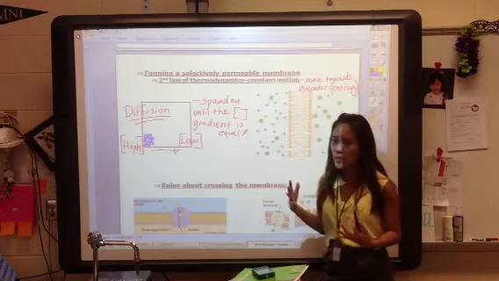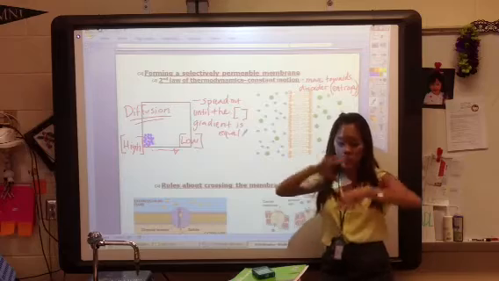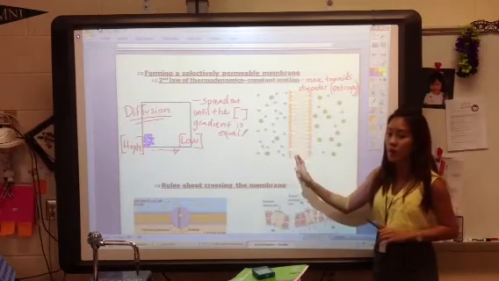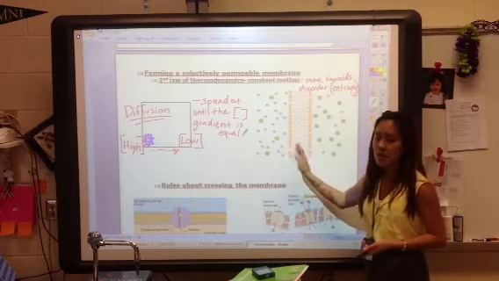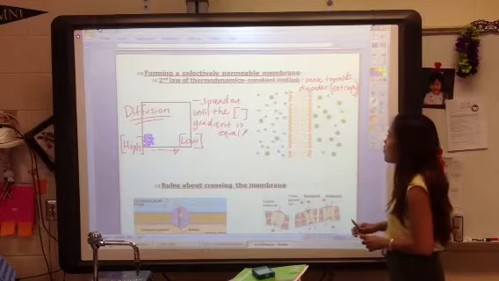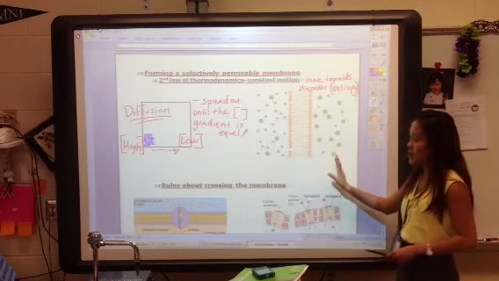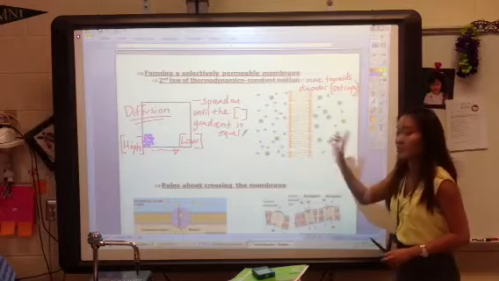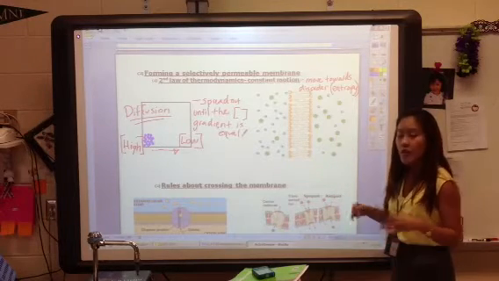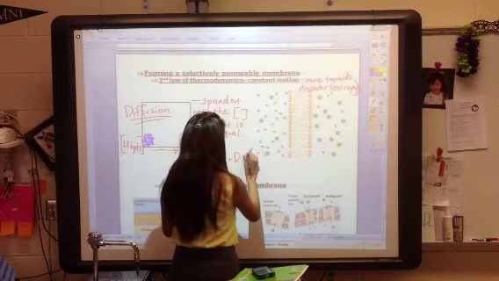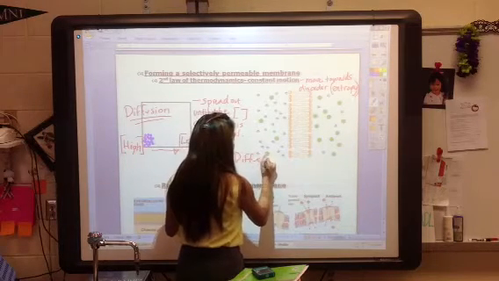Another thing to keep in mind is that molecules keep moving and spreading out until they hit some sort of barrier, and that barrier could be something like our cell membrane. Because of the properties of the phospholipids and some of the proteins there, some molecules can diffuse easily.